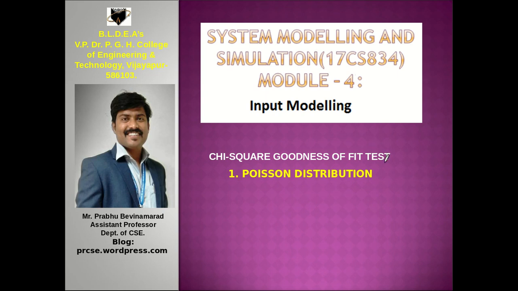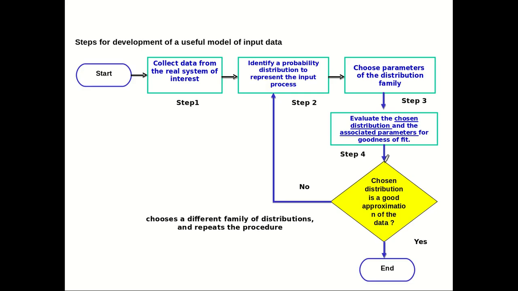In this video, I am going to discuss the chi-square goodness of fit for Poisson distribution. Let us first understand in which step the goodness of fit test will be applied. This flowchart shows the steps for development of a useful model of the input data. First we collect the data from the real-world system of interest.